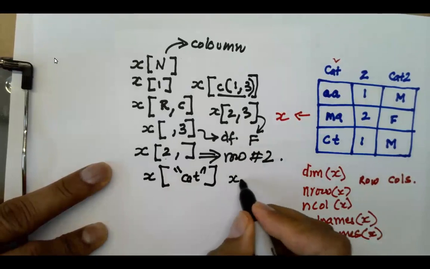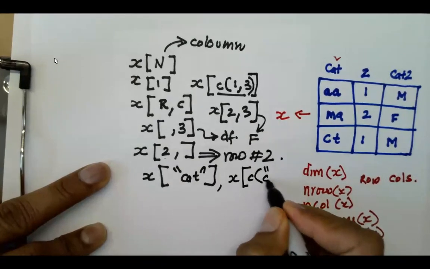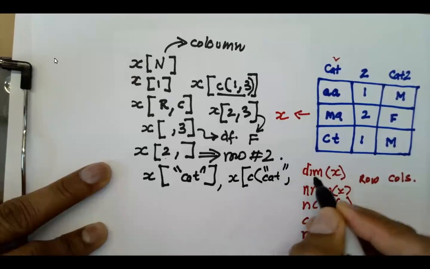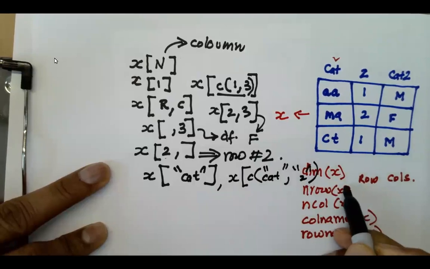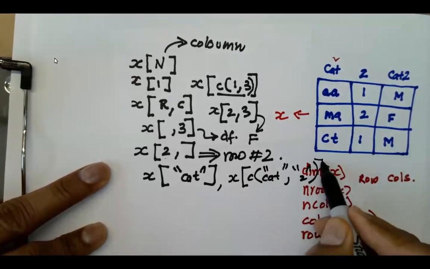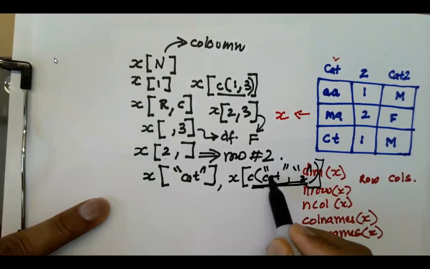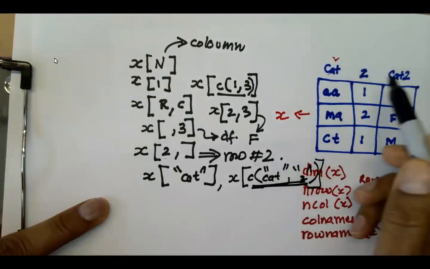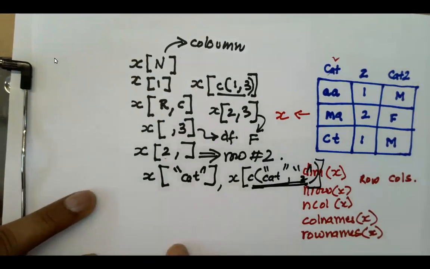Another example: if you have multiple columns you want to pick up, we can say cat, comma 2. So we are picking up the first and the second column in that particular case, and then the closing square bracket. So we are providing a vector again inside, but this time the vector has the column names. So you can pick up the columns based on the names as well.